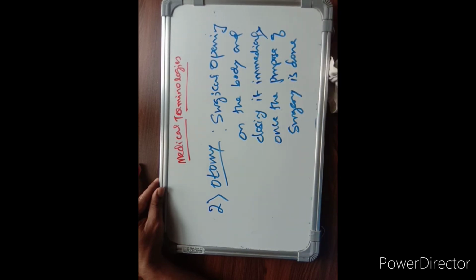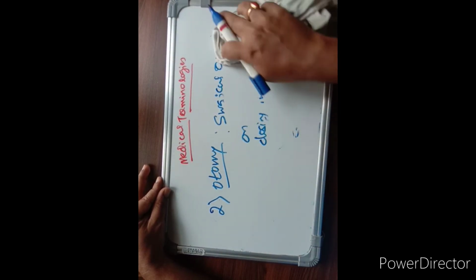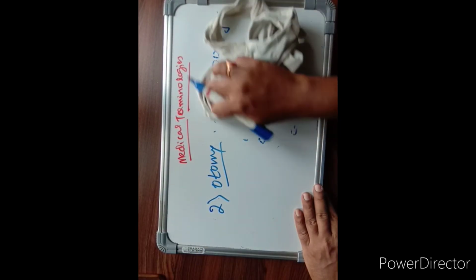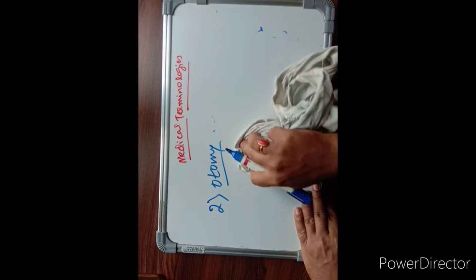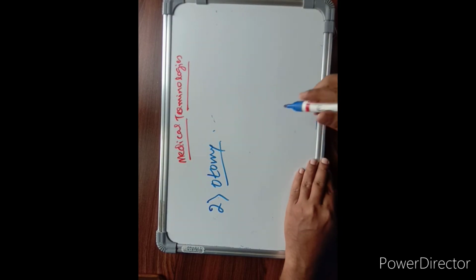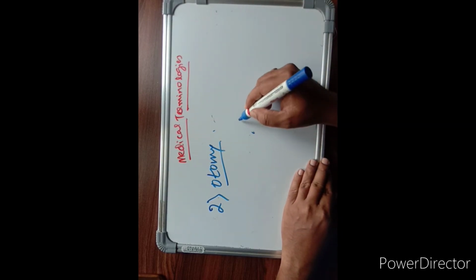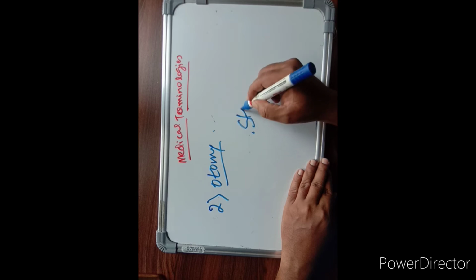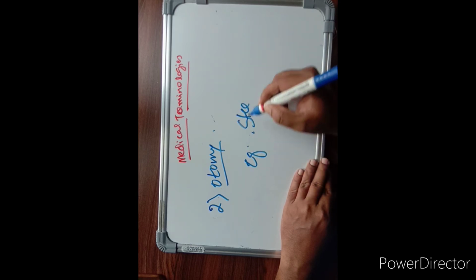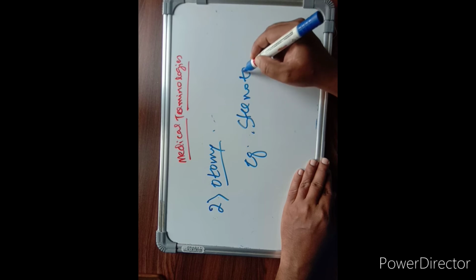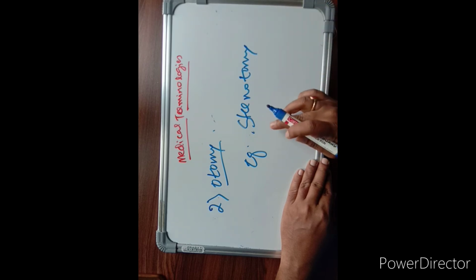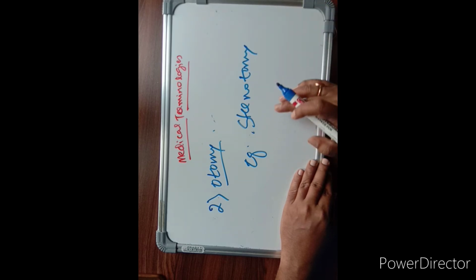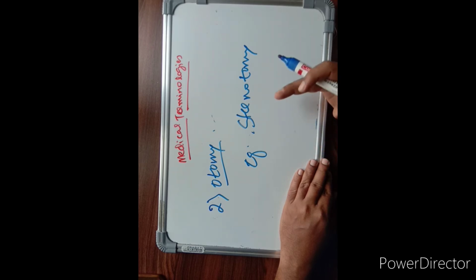Let me give you examples of otomy. This is the suffix otomy. For example, sternotomy, which means surgical opening of the sternum; once they open it, they see what is happening inside, correct it, and close it immediately after the purpose is done.